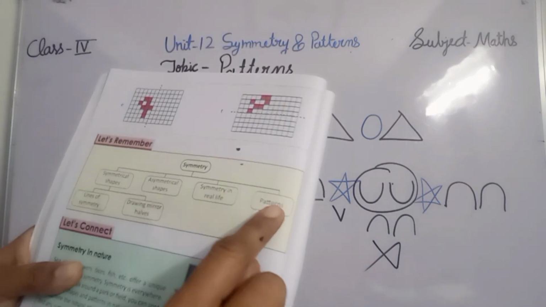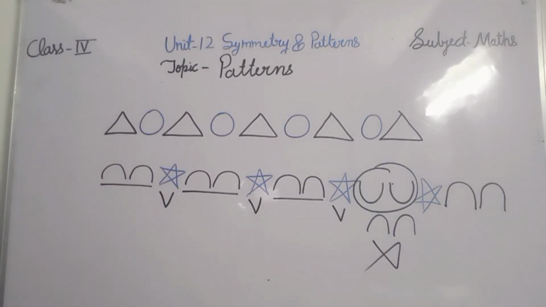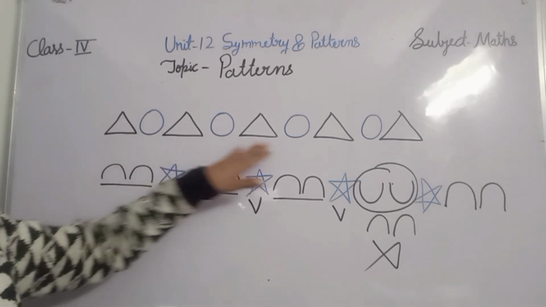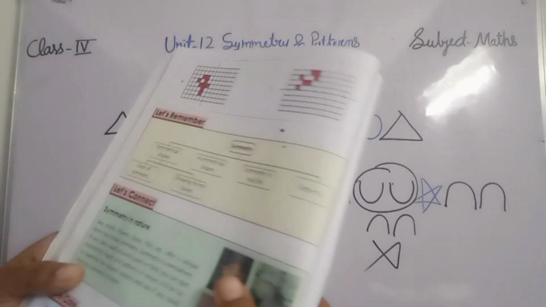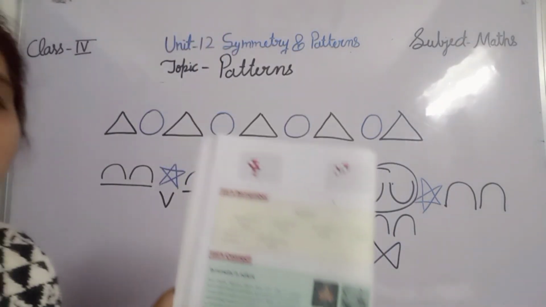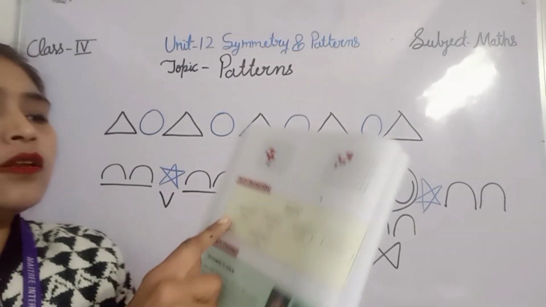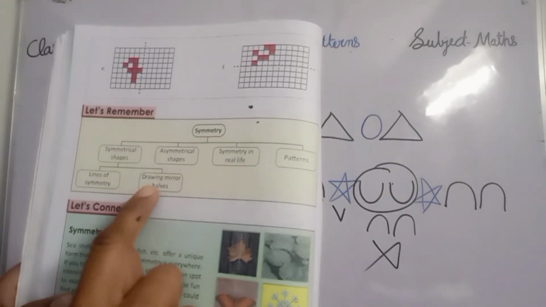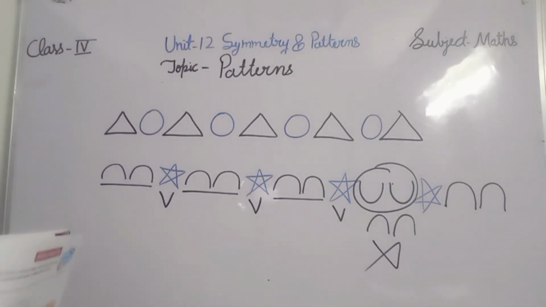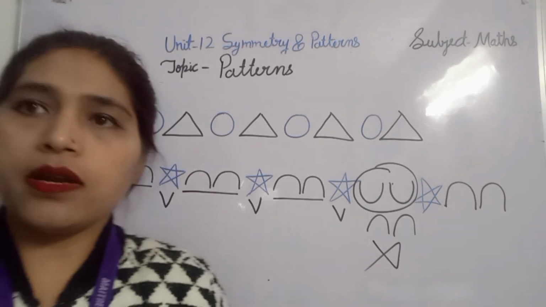Yes, patterns, repeated shapes, or you can say the same thing is happening again and again, that is a pattern. Okay, line of symmetry, the imaginary line which divides the shape into two equal parts is a line of symmetry. Drawing mirror image means the same thing you have to draw on the other side also, that is a mirror image.